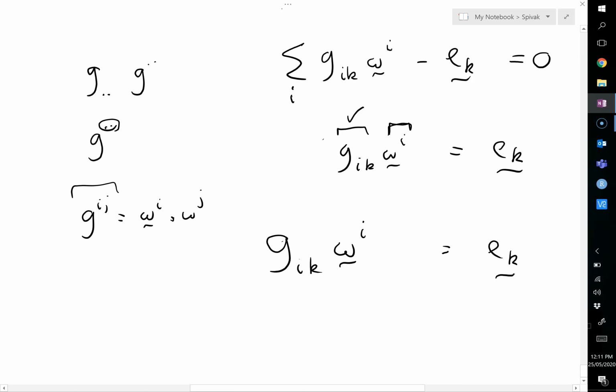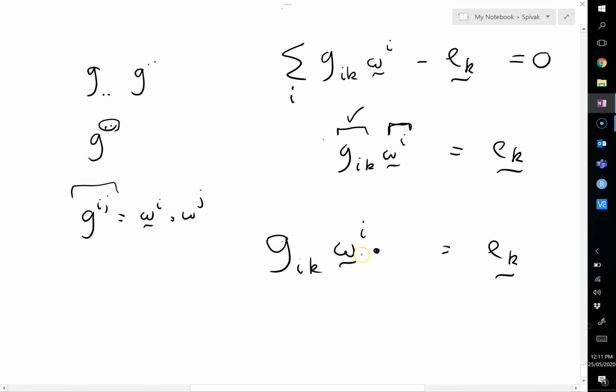And what I want to do is to take a dot product with, let's get this straight. We've got a k downstairs. I want to sum over the k's, so I need to take a dot product with.